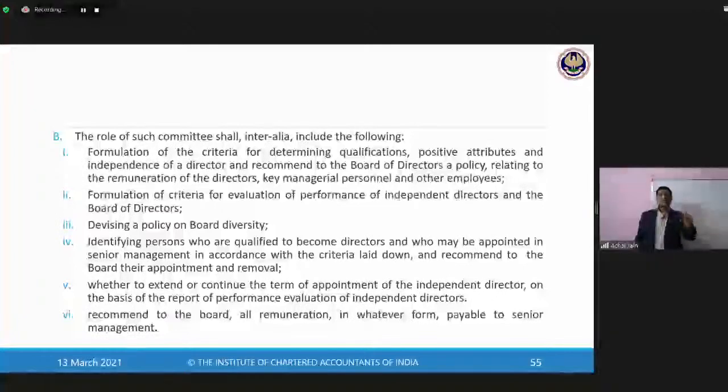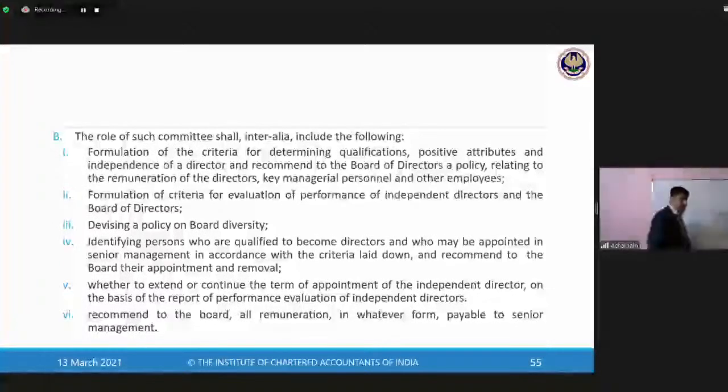But its recommendation will be from this committee to the board. Whether to extend or continue the term of appointment of an independent director on the basis of the report of the performance evaluation, this again will be done by this committee. Recommend to the board all remuneration in whatever form which is payable to the senior management.